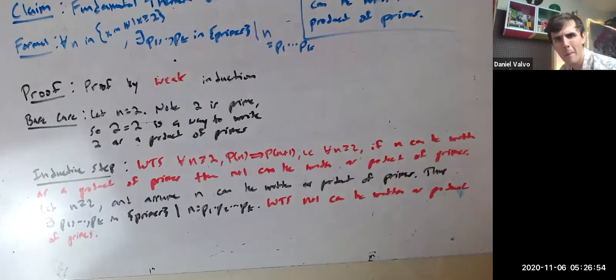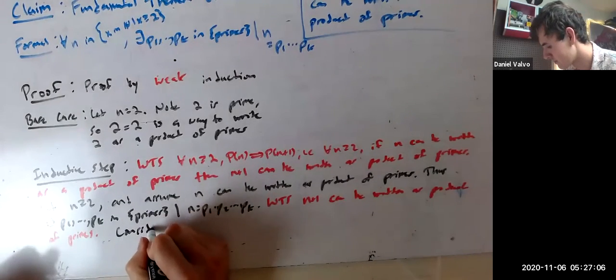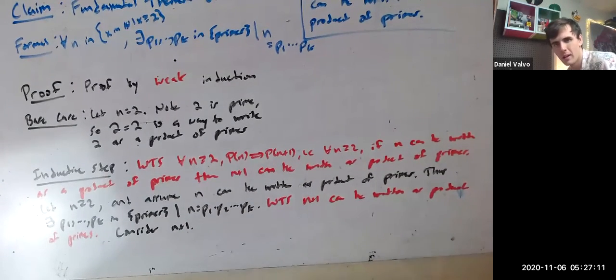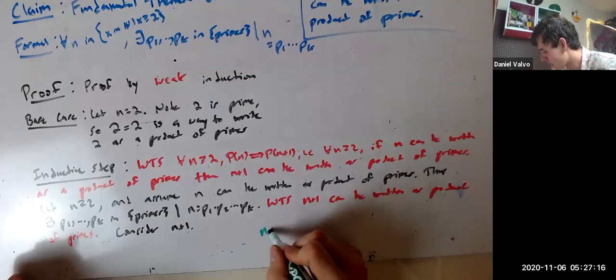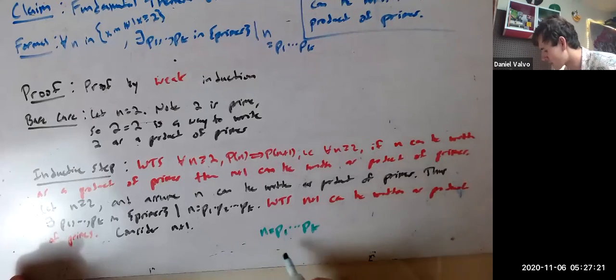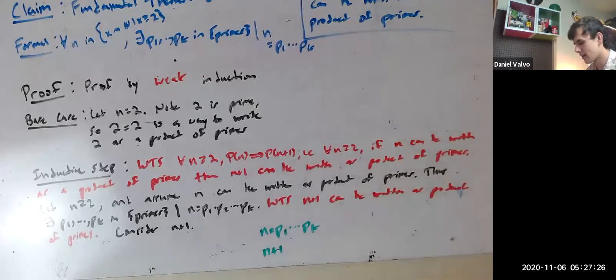How can we do that? I mean, let's maybe consider n plus 1. Here's the thing. If we know that n equals p1 times p2 all the way out to pk for some primes p1 through pk, can we say anything about n plus 1?